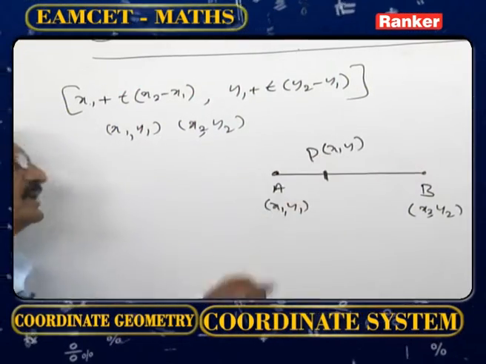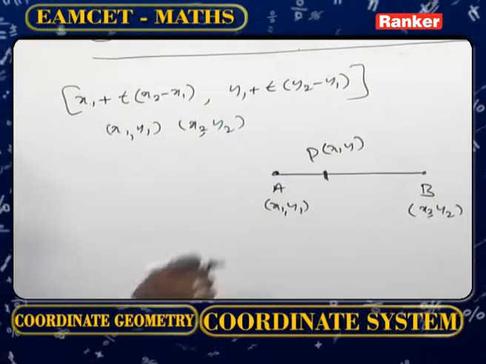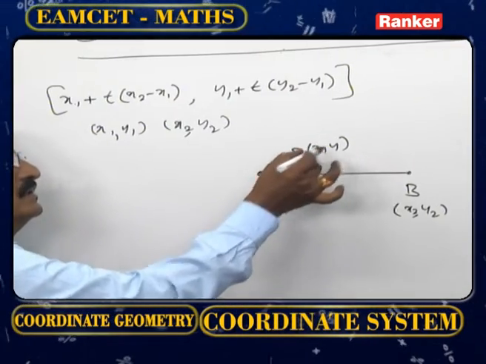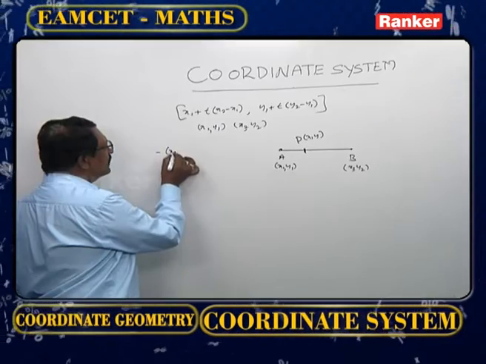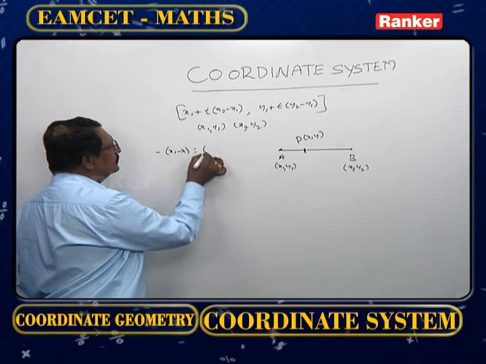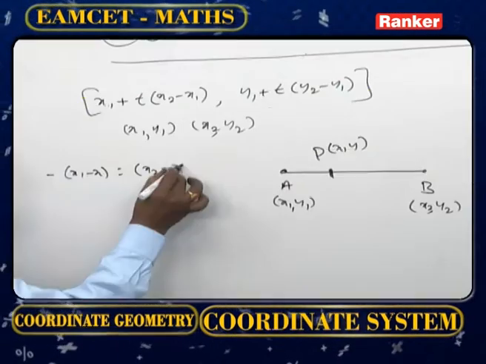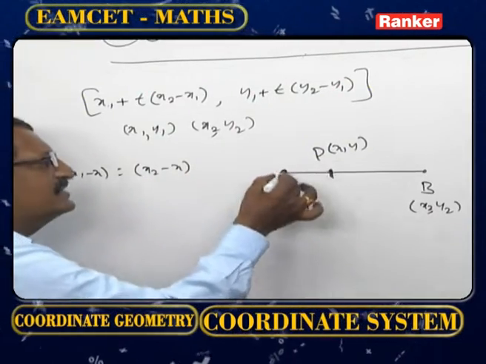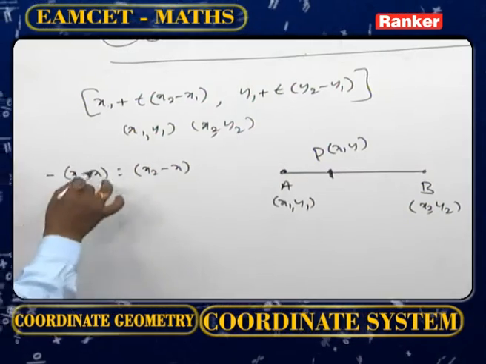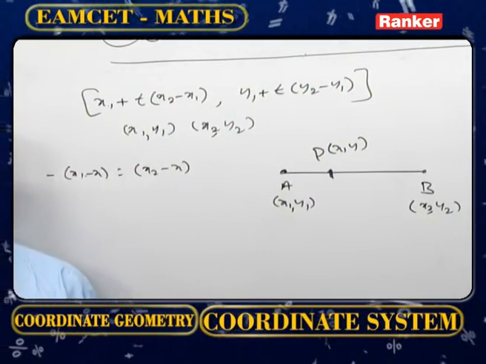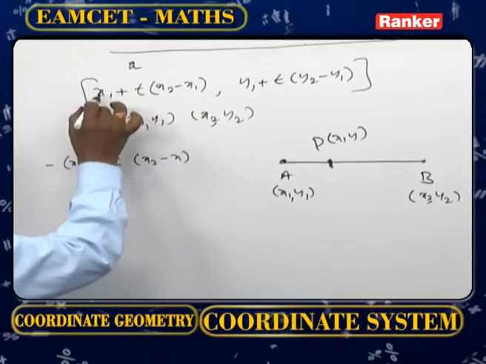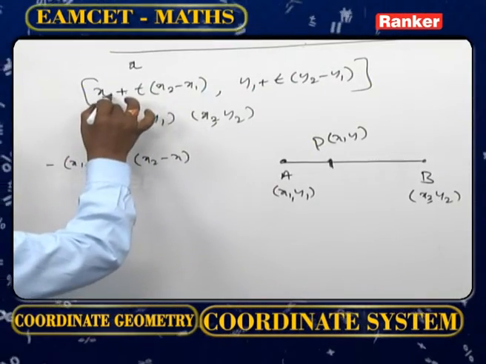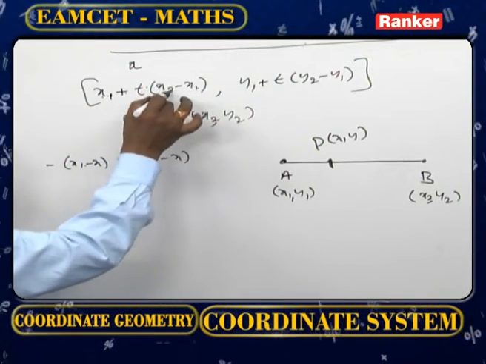Now the point P divides AB internally in the ratio minus of (x1 minus x) is to (x2 minus x). Now take x equals x1 plus t into (x2 minus x1).